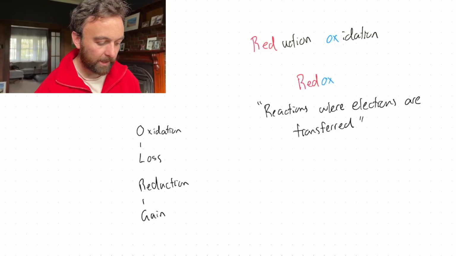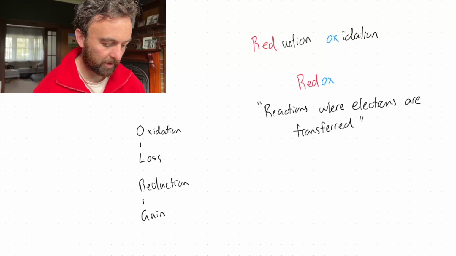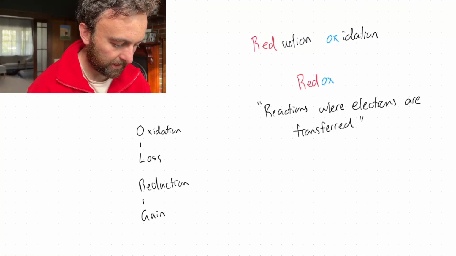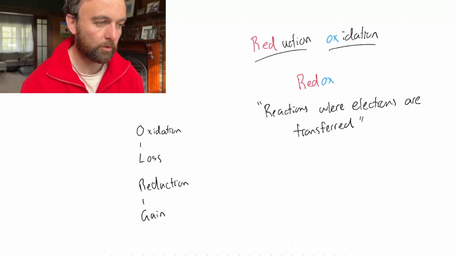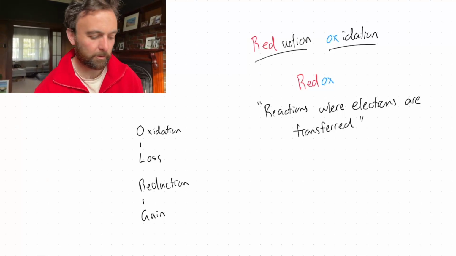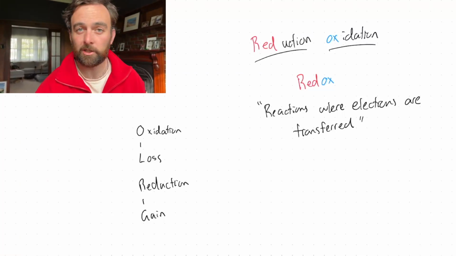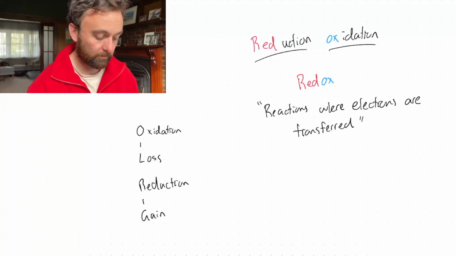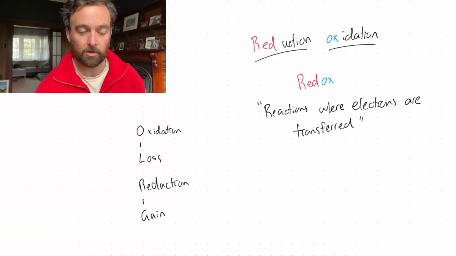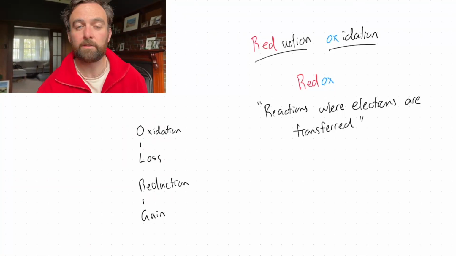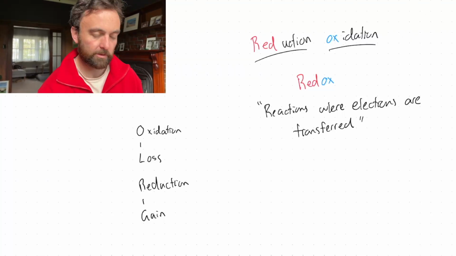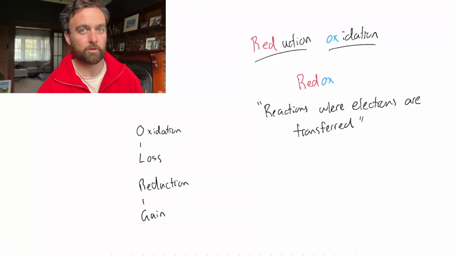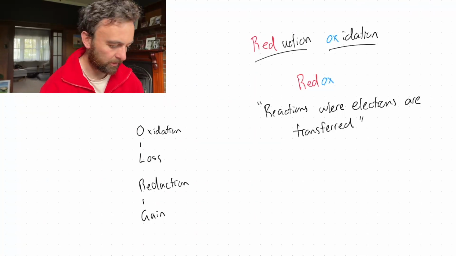So redox reactions are just reactions where electrons are being transferred. It's a portmanteau, if you will, of reduction and oxidation combined. Basically, the thing that's reduced is gaining electrons, and the thing that's oxidized is losing electrons. So one thing's losing them, the other one's taking them. It's always a transfer, and that's a really important concept.